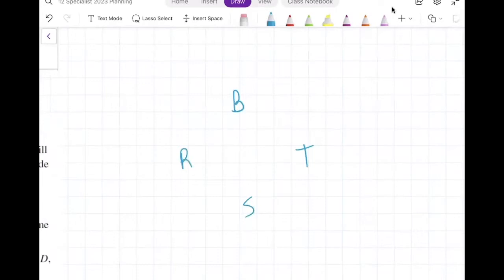So these are my 4 rugby league teams, and I might have a situation where the Broncos beat the Roosters, who beat the Storm, the Titans also somehow managed to beat the Storm. The Storm must all be completely injured. And then let's say the Broncos lose to the Titans.